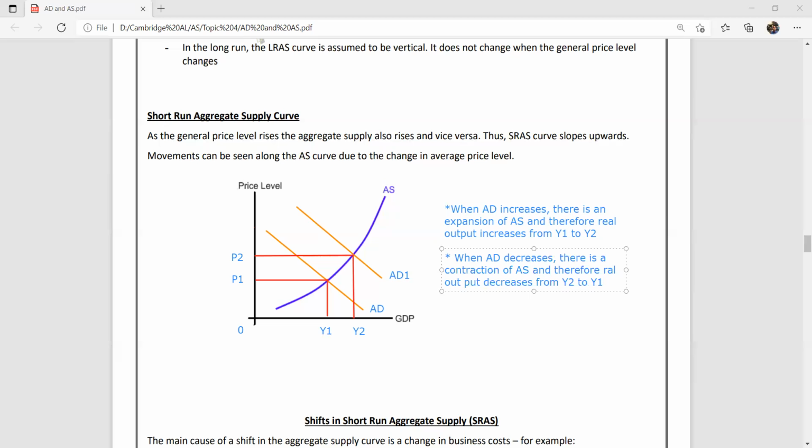This is how we notice the change in aggregate supply due to the change in aggregate demand.